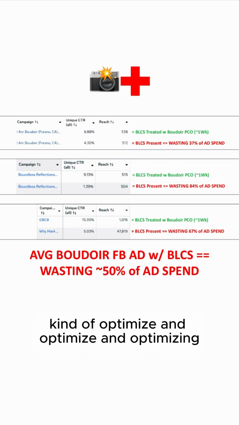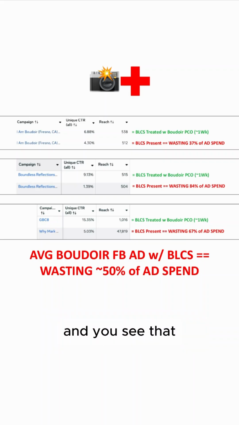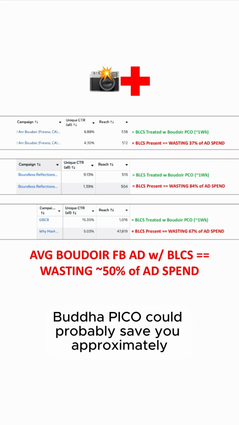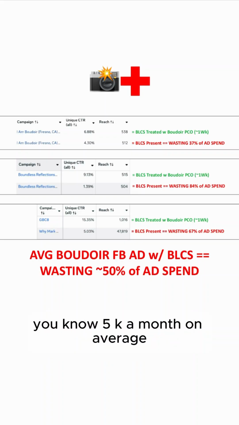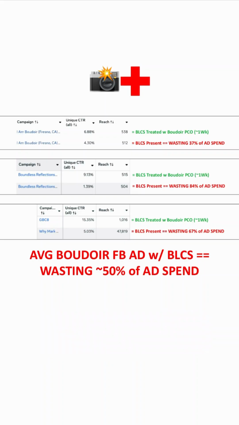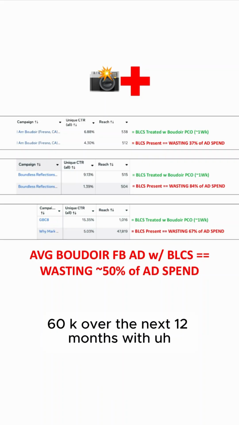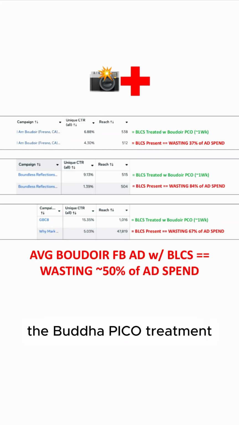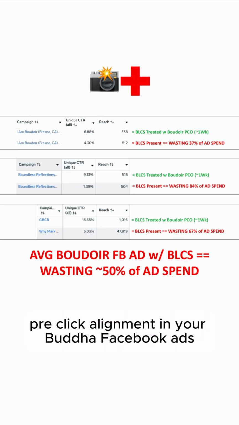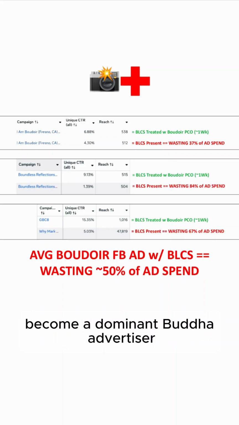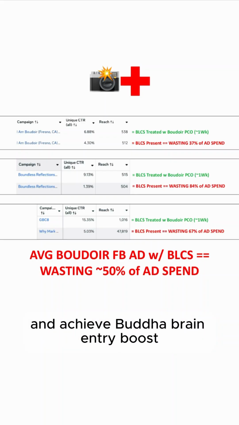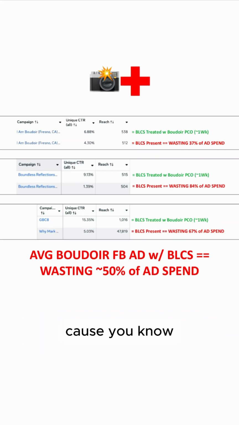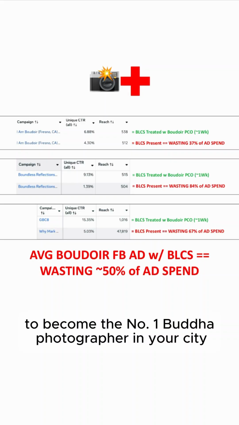And you see that with Boudoir Pico could probably save you approximately 5K a month on average, 60K over the next 12 months with the Boudoir Pico treatment. And you want to achieve pre-click alignment in your Boudoir Facebook ads, become a dominant Boudoir advertiser, and achieve Boudoir brain entry boost, because you need that on your path to become the #1 boudoir photographer in your city.